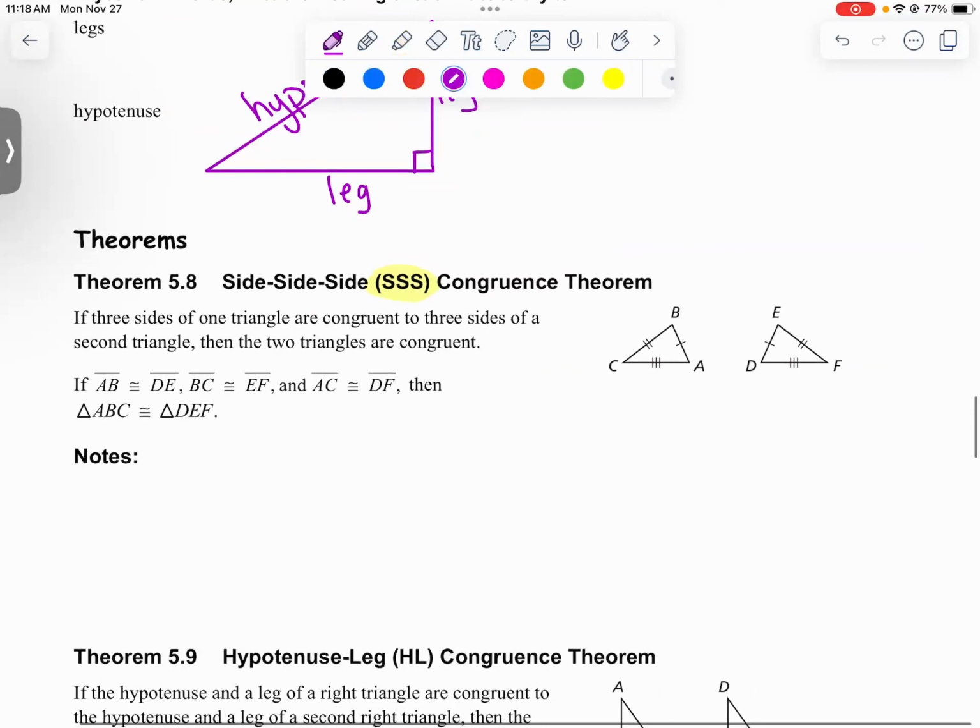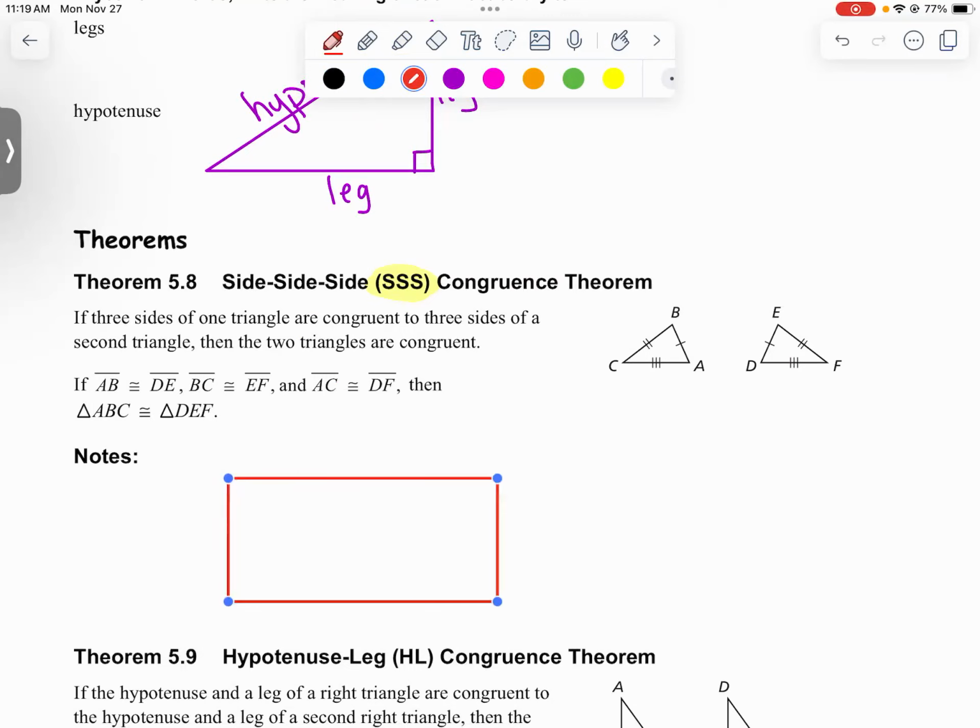So let me draw you a picture. Tell me what you think. Go ahead and draw it.